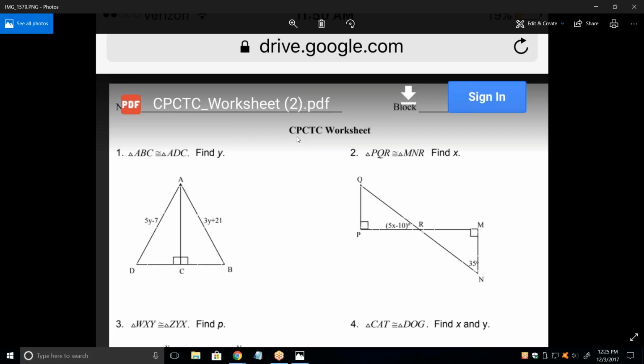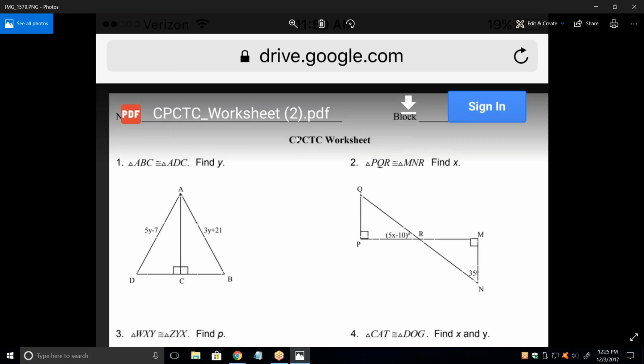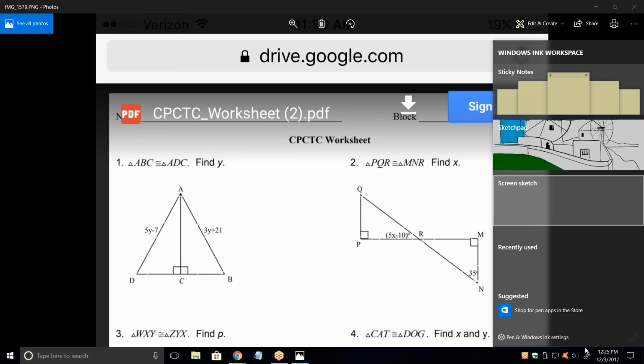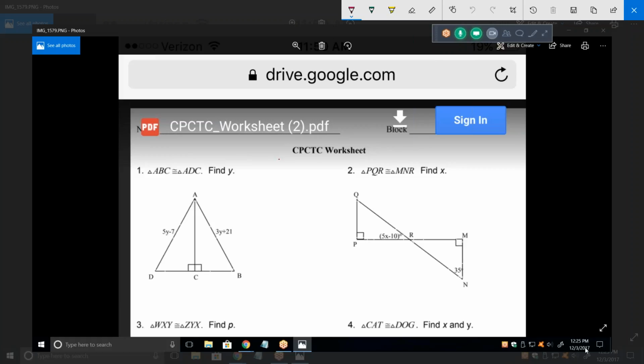It's corresponding. Corresponding parts of congruent triangles are congruent.